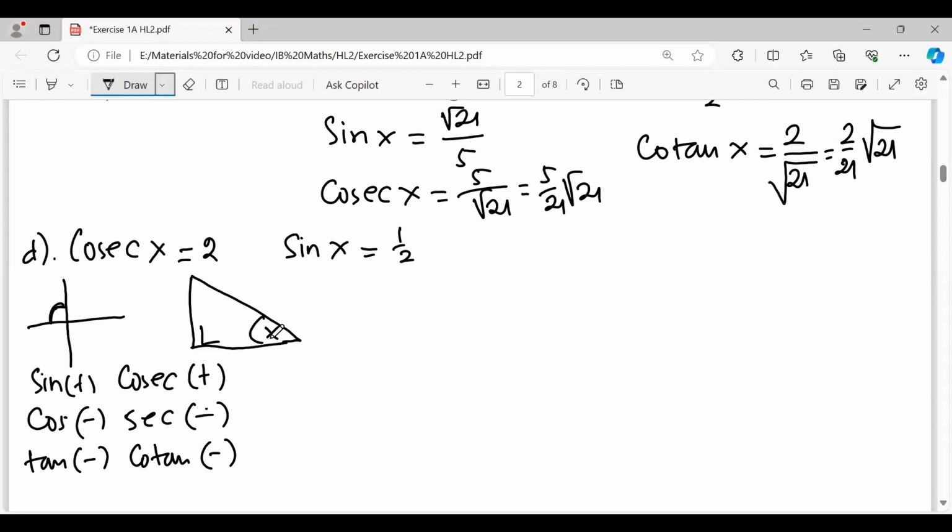If x is here, sine x means 1 here and 2 here as the slope. Now, how about this side? This side is the square root of 2 squared minus 1 squared. Yeah, square root 3 here.